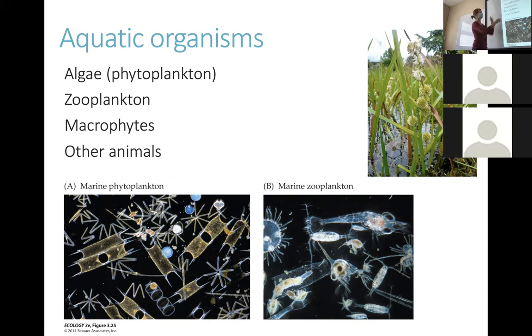Plankton just means floating, like in open water. Phyto refers to plants, so that's going to be our algae. Zoo refers to animals, so tiny microscopic animals are zooplankton. These are all microscopic, floating around and creating the food base for aquatic ecosystems.